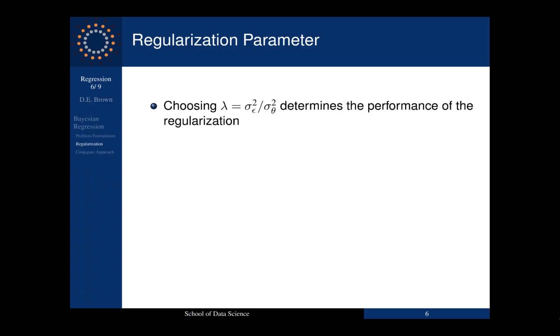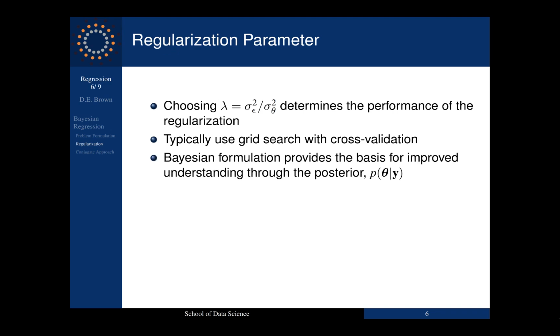So when we look at classic ways of doing this, we're searching with a grid search or cross-validation, that kind of thing, to try and find lambdas. But again, with a Bayesian approach, we now have a basis for understanding what that lambda value is and what it means for the particular problem that we're working on.